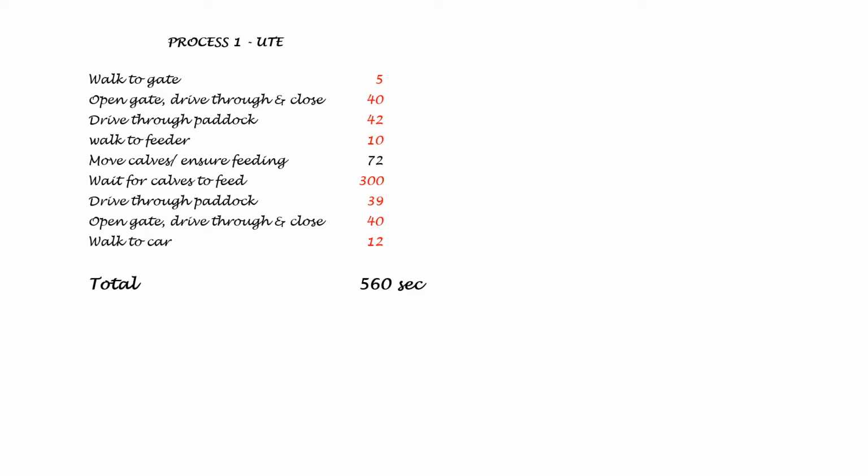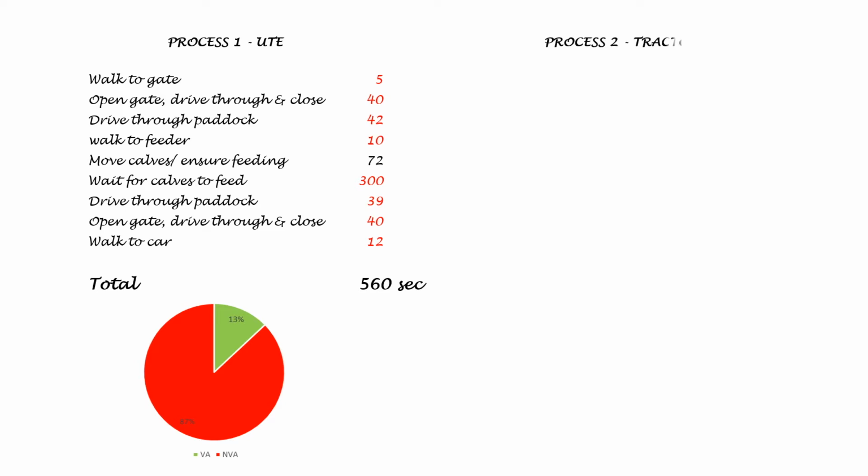So if we made some process redesign, for example, and ensured that there's extra teats on those feeders so that calves aren't having to run around searching for spare teats, as an example, then this process might improve and the time will reduce, and potentially we can remove that process. So in total 560 seconds, and in terms of value add and non-value add, this process is 87% non-value add and only 13% value add.